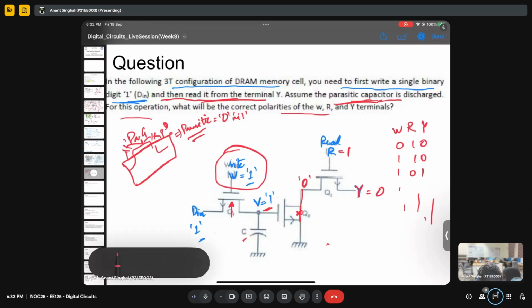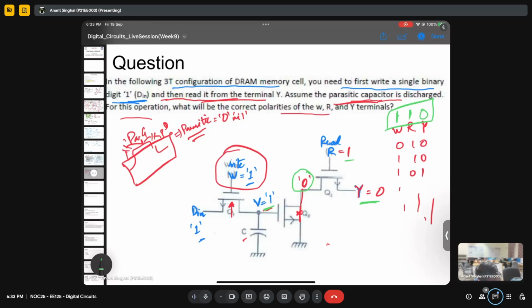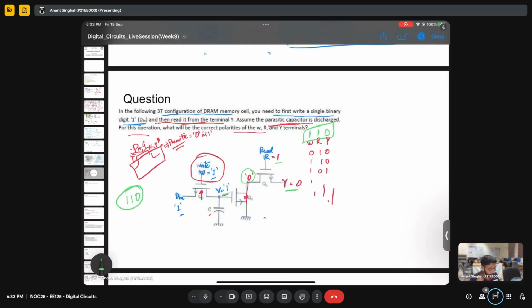Now this will make V 1 and this will discharge. To read this, you need to make the read also 1 and the output will actually be 0. So this will be the correct bit. So 110 is the answer. Is it clear to everyone?